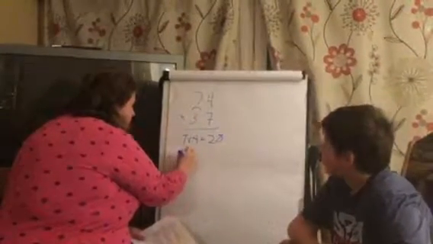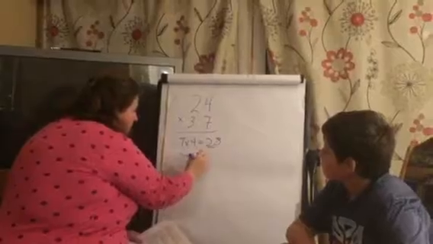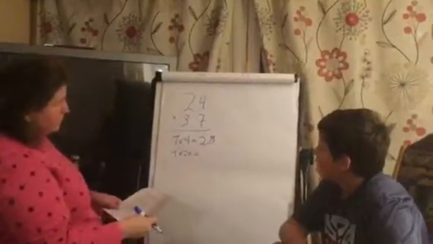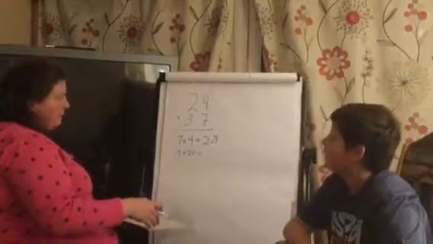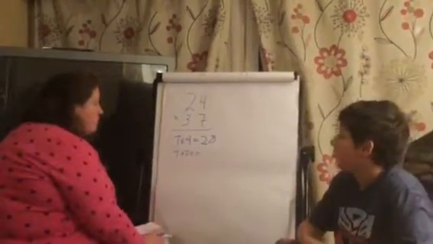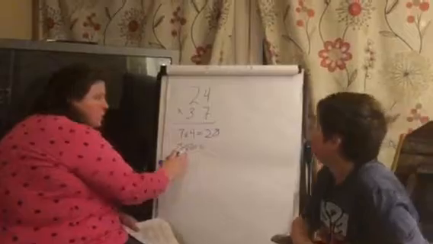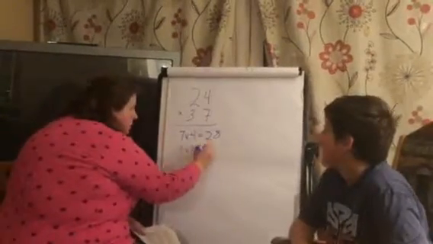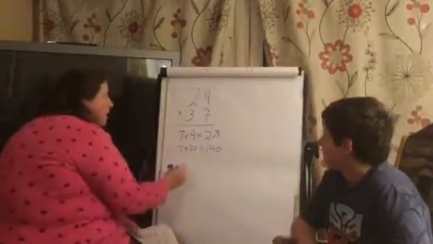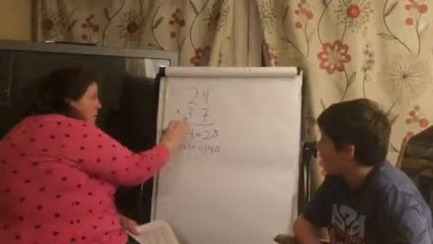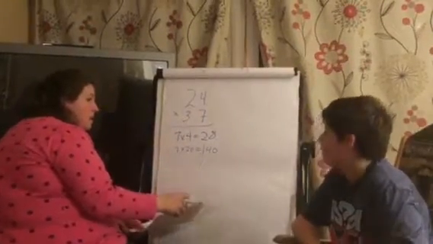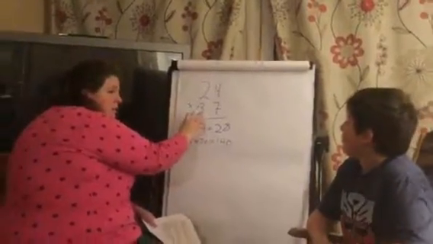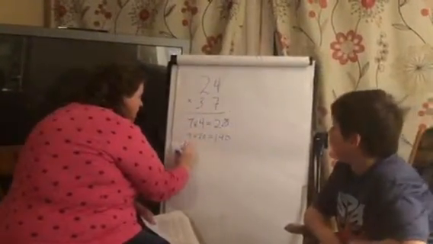So 7 times 20 equals what? 140. Good. Okay, now again, keeping with our cross multiplying, is it 3 times 4 or? 30 times 4. Good.